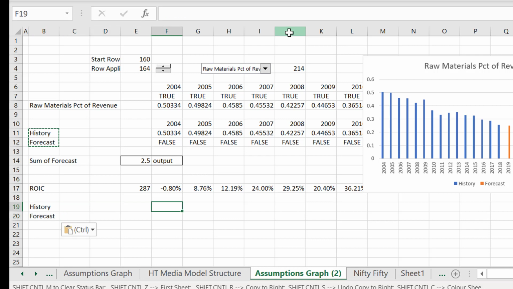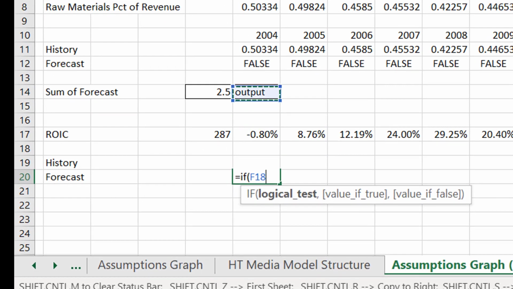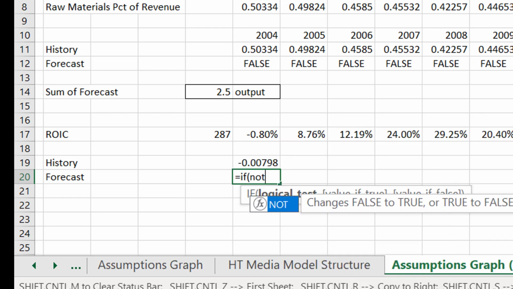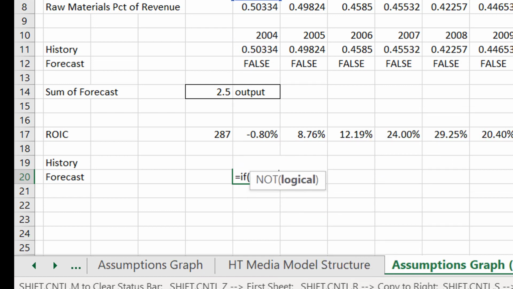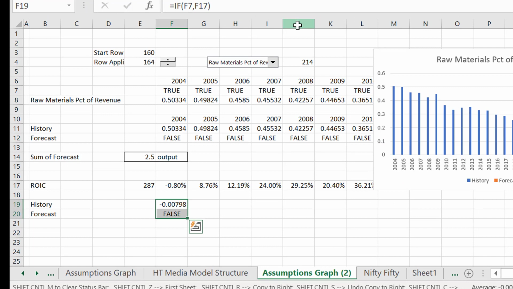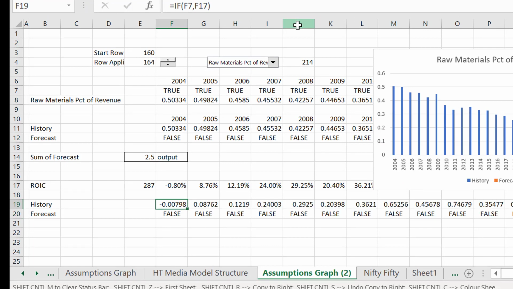Okay, and I'm not sure how this will look, but let's try it. So if it's the historic switch, then you just take the number, and this one, if it's not the historic switch, okay, then take the number, okay, and then we have the two kind of going across, and you know what, let's do this.